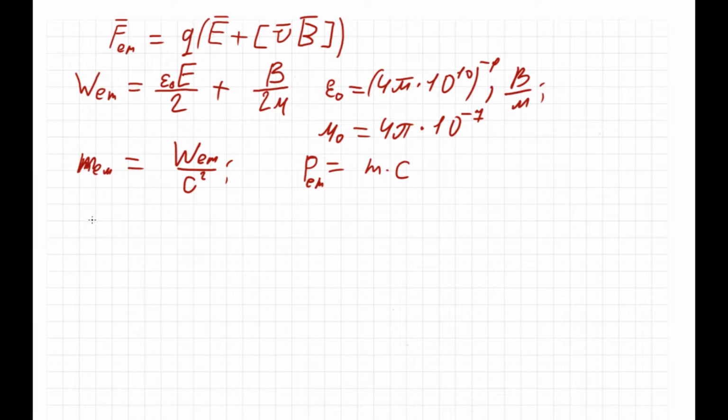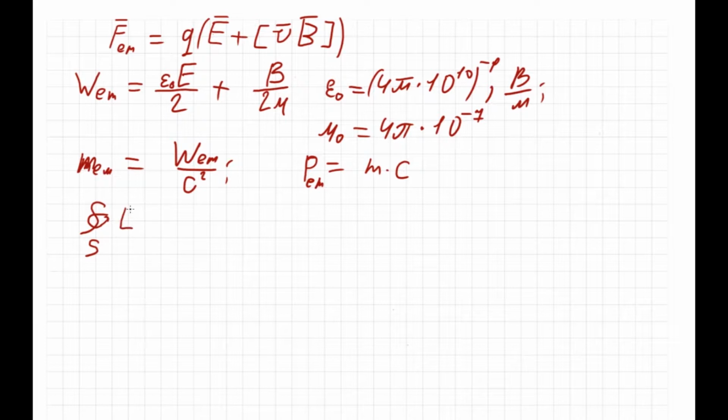Divergence is expressed by Gauss formula. This formula is the integral by closed surface S, square surface, of electric or any vector value.